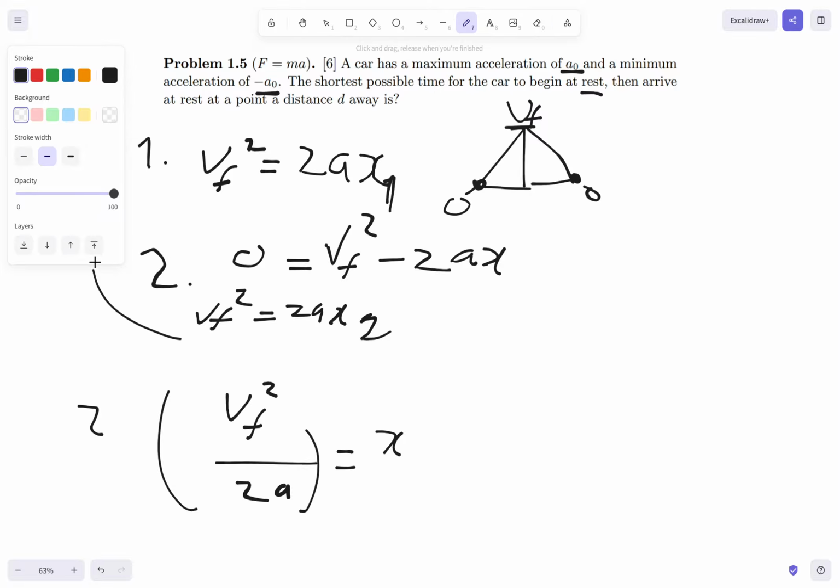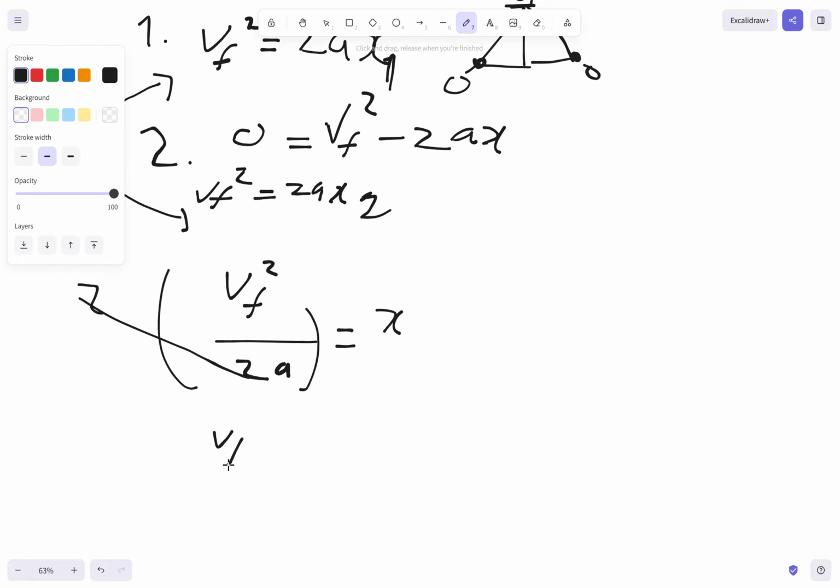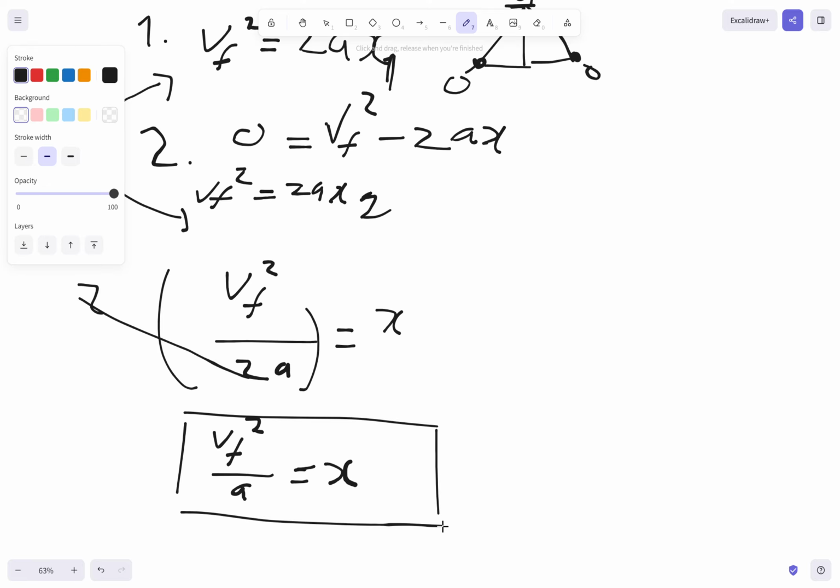If you rearrange, the equations are actually the same. So I'm going to solve for x1, which is equivalent to solving for x2 because the equations are the same, and I'll multiply by 2. vf squared all over a equals x. That's the key relation we've got to know.